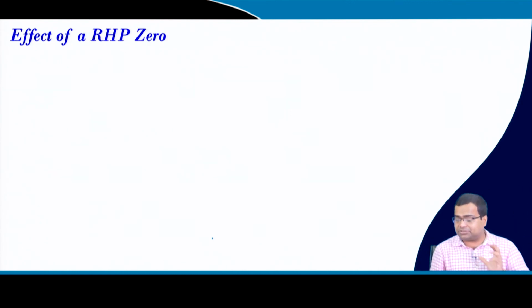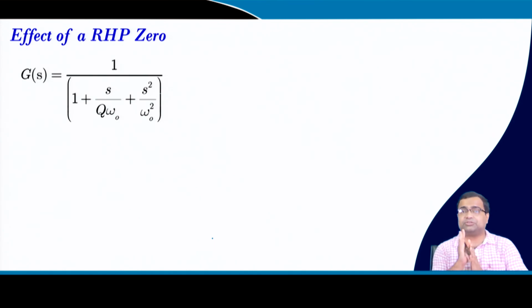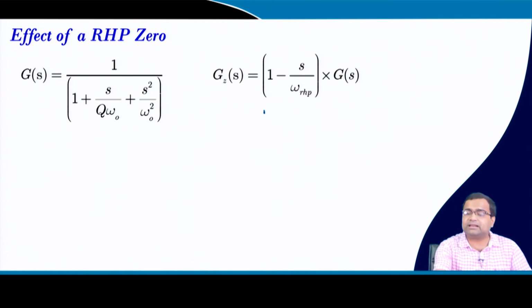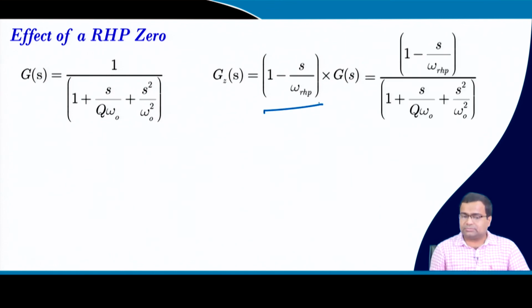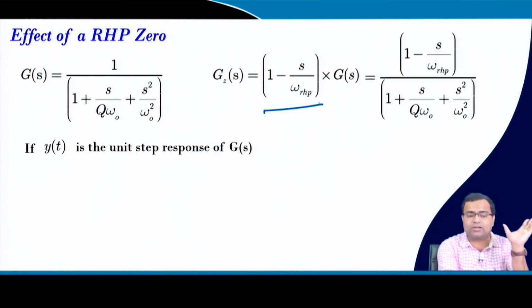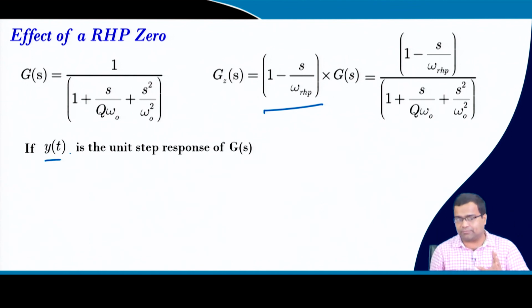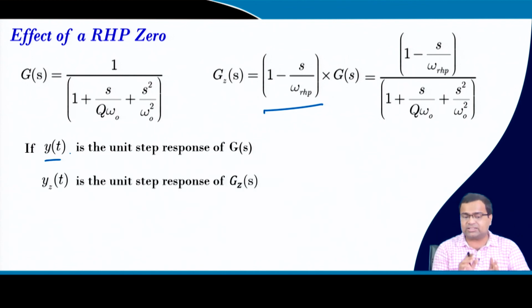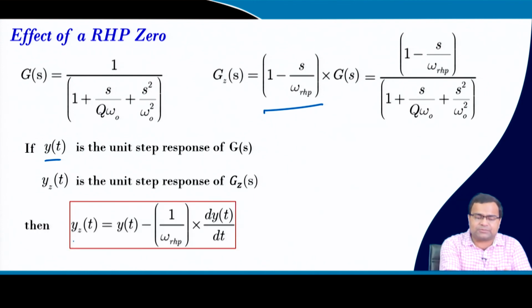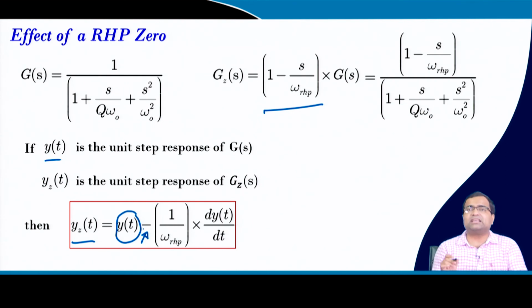But what happens if the 0 is in the right half plane, that means the 0 on the other side? Same analogy: if y of t is the unit step response of G(s) without 0, and y z of t is the unit step response with 0, then the total response of the system with 0 will be the response without 0 minus 1 by omega RHP times the derivative.